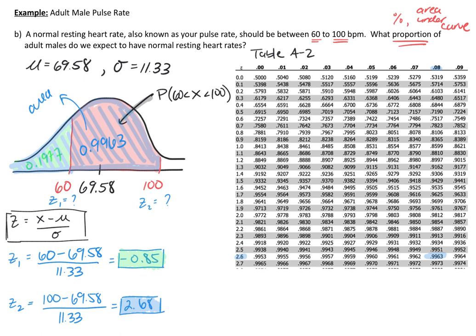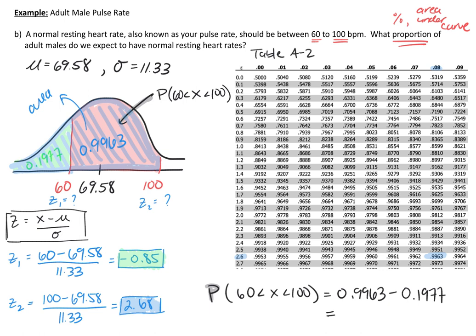So the area that is between 60 and 100. How do we do that mathematically? We just need to do some subtraction. The probability that is between 60 and 100, we have to take the area that is in blue, which is 0.9963, and subtract the area that is in green, which is 0.1977, and hopefully you'll see that what's left is the area that is in red.